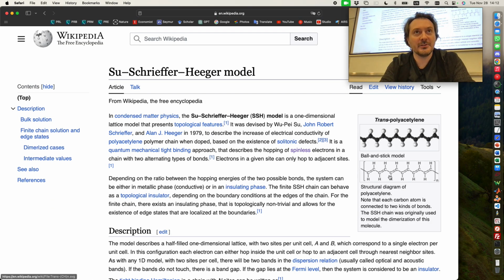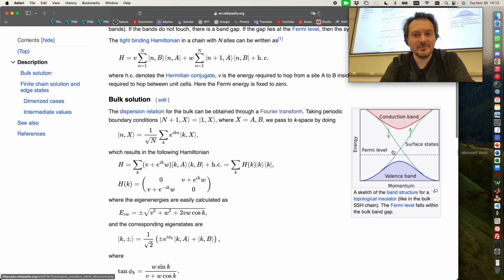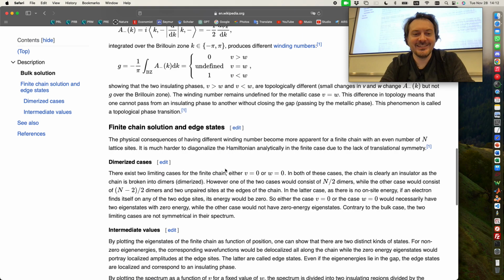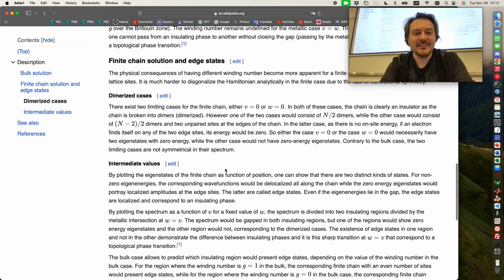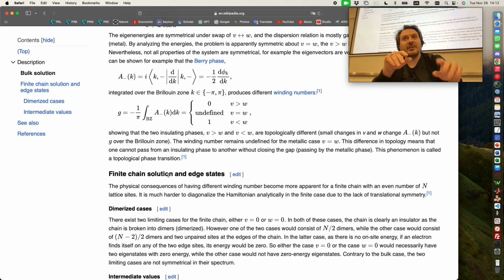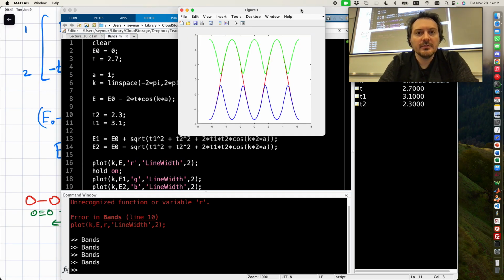As you can see, it's about carbon chains. Description, Hamiltonian, band structure. Do you see? Now these things are familiar to you. When you look at the finite chain solution and the edge states, one of them would have an edge state.